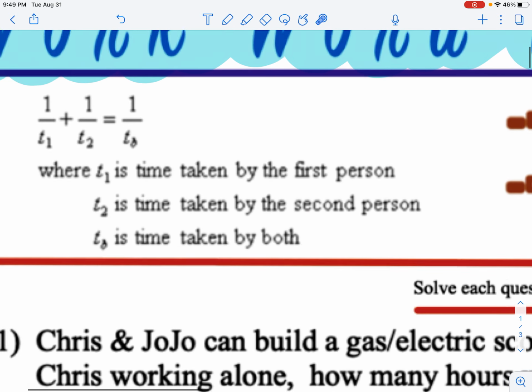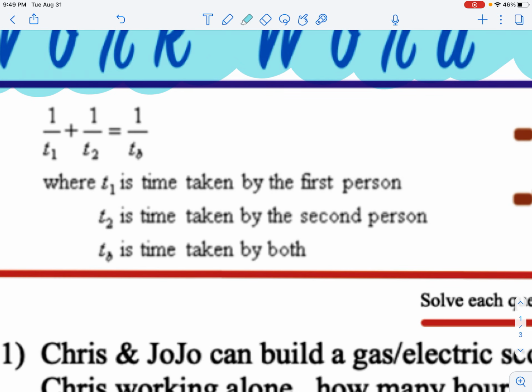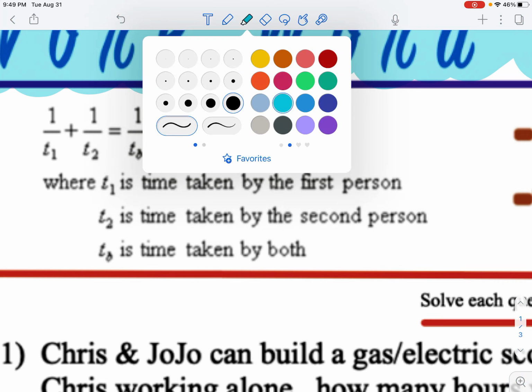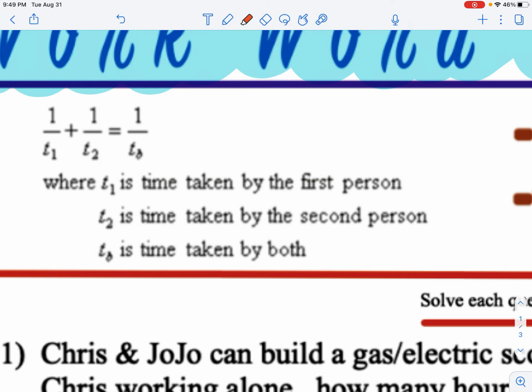Now, the one consistent thing we've had with all 3 notes is this formula that we have maintained to be the same, which is 1 over T1 plus 1 over T2 is equal to 1 over T3. So in this case, it's one person plus a second person equals the time together.